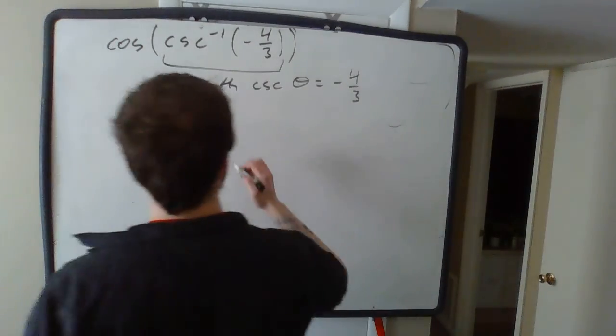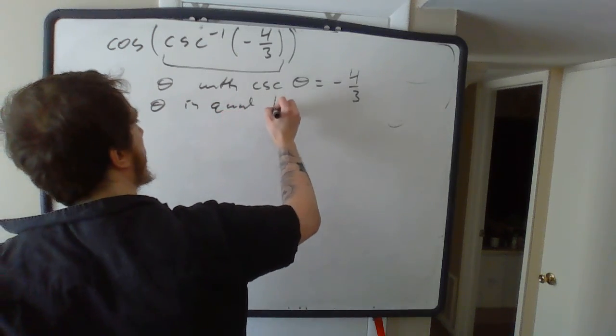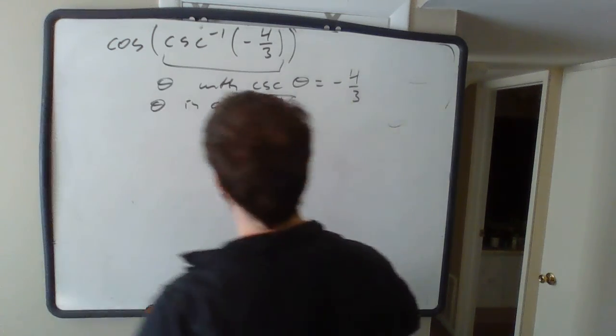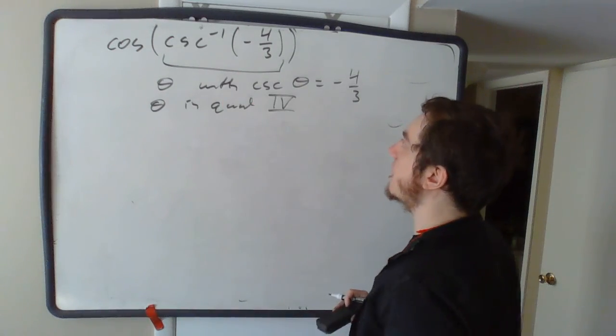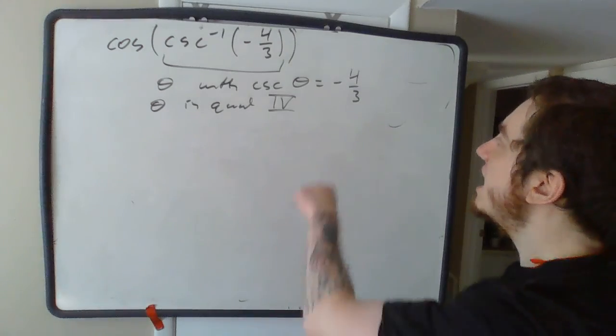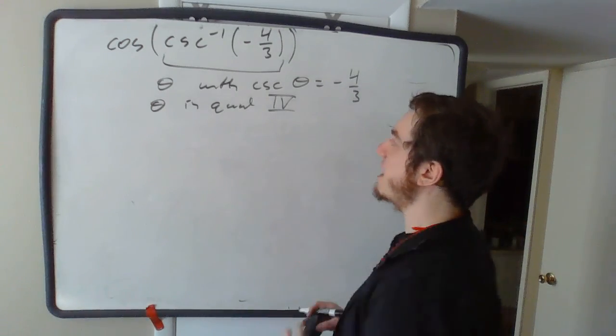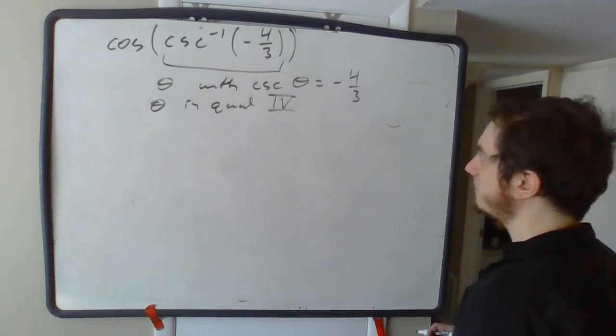We also know that this means that theta is in quadrant 4. Because remember that cosecant inverse is like the inverse sine function, and it goes from -π/2 to +π/2. If it's going to be negative, it has to be down in quadrant 4. If it's positive, it's going to be up in quadrant 1.